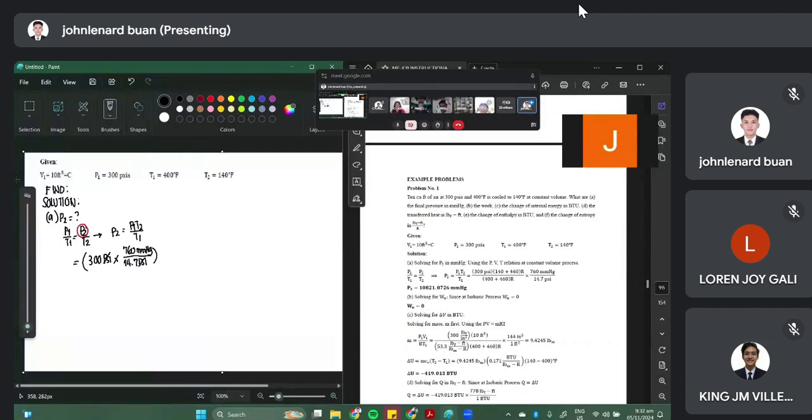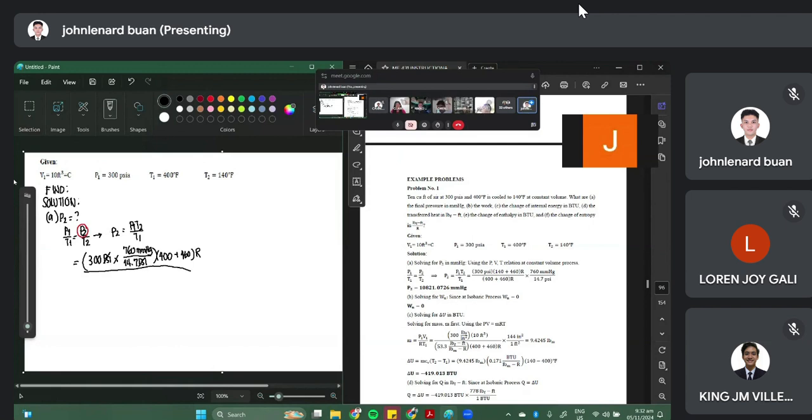And then we also have here, sabi ko nga sa inyo, the temperature that you must have here is in absolute temperature. Therefore, given nating T2 is 140 degree Fahrenheit, dadagdagan po yan natin ng 460. Alright? Then that would become Rankine na po. And then, next natin is over T1.